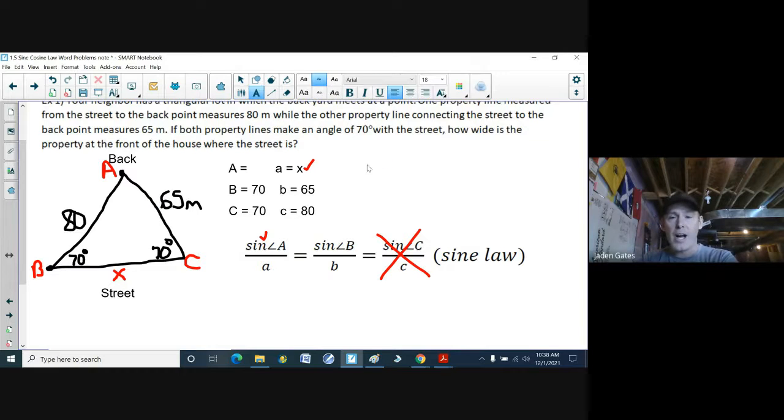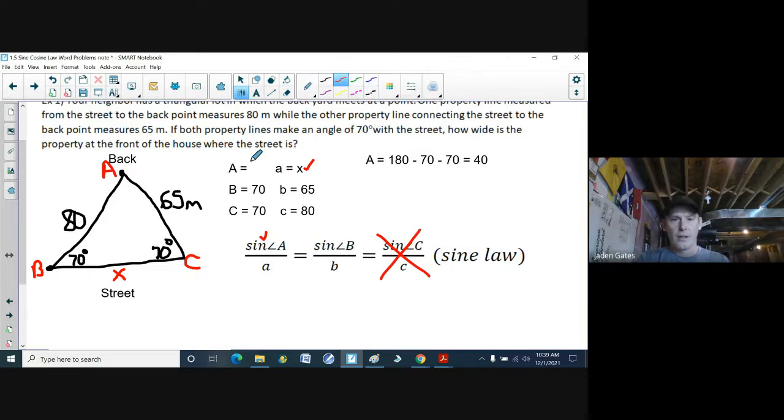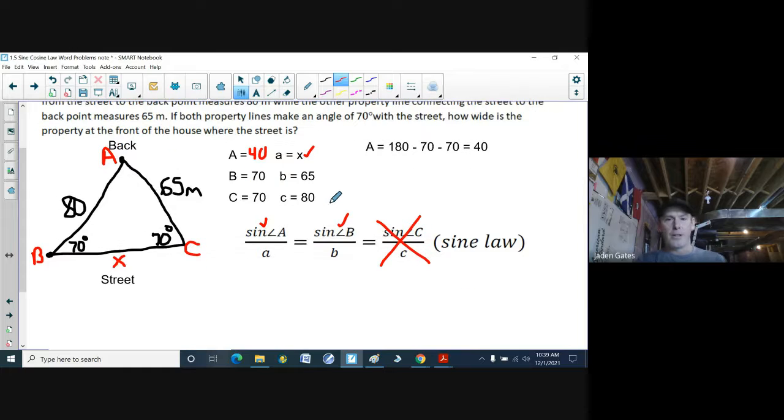So I can find angle A because there's 180 degrees inside that triangle, but I take away 70, and then I take away the other 70, and the leftovers will be my angle A. And if I take 180 and I subtract 70 and then 70 again, I got 40. So put a little 40 in there. All right, so I'm going to use the A and the B part.